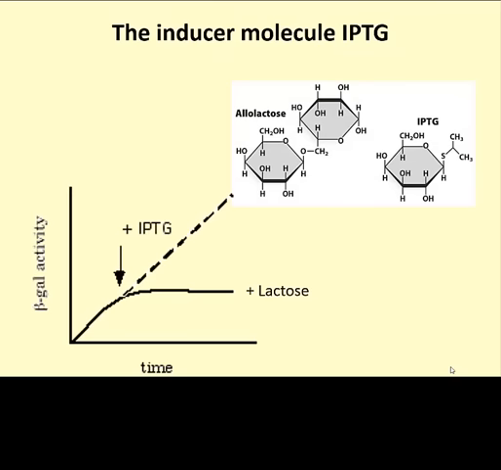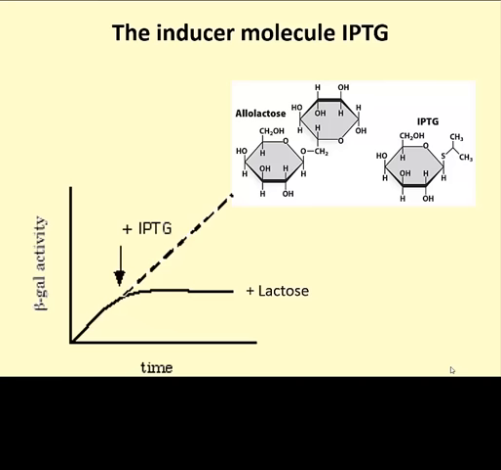To get around this, there is a substance called IPTG, which is a molecular analog of allolactose, meaning that it is a synthetic molecule structurally similar to allolactose. However, unlike allolactose, or lactose for that matter, IPTG cannot be broken down over time, meaning that the expression of the LAC genes is maintained at a high level.